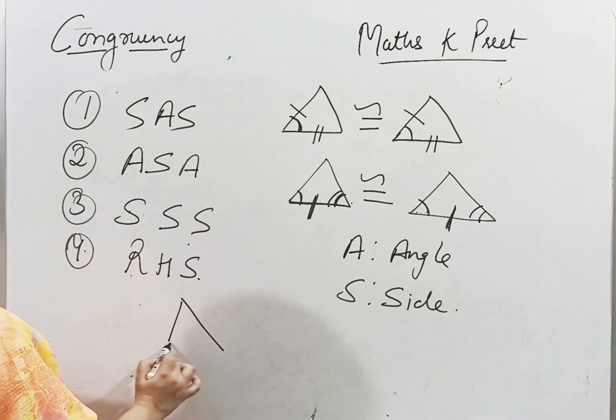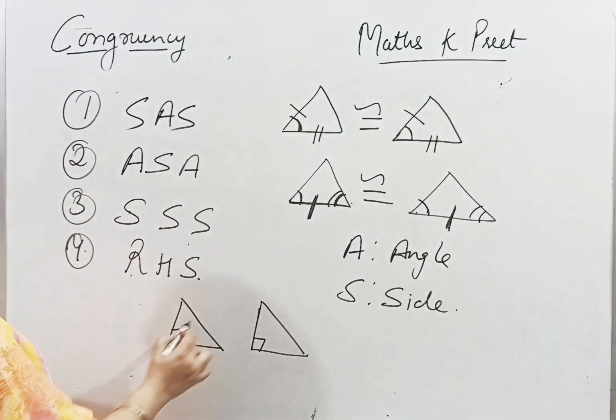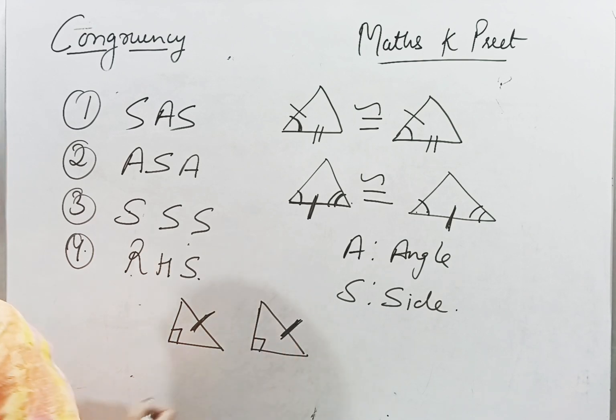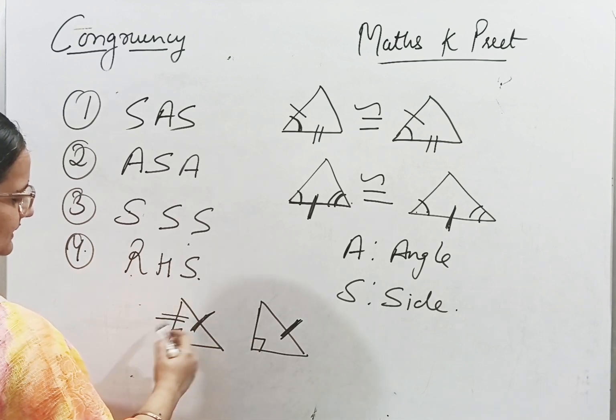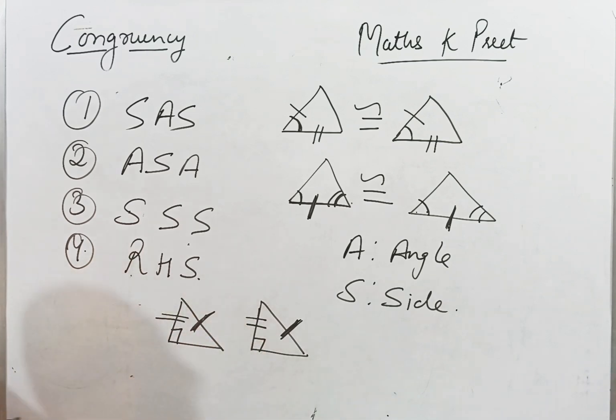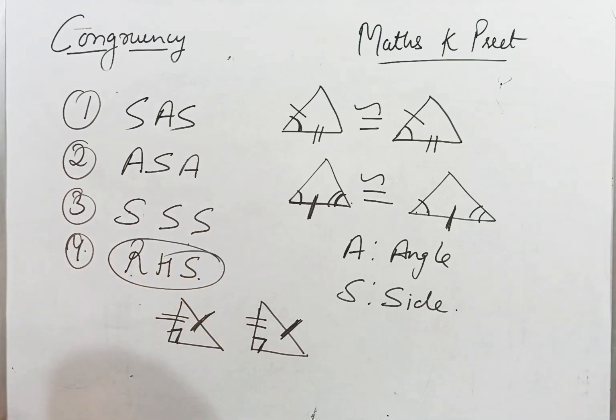So if I have two right angle triangles, and the hypotenuse is equal to the hypotenuse of the second triangle, and any one of the two sides, suppose I am taking this side, is equal to the same side of the next triangle, then this angle is clearly equal to 90 degrees. So RHS gives us the congruency of two triangles. H means hypotenuse, S means any side of the two sides which we are left with except the hypotenuse.